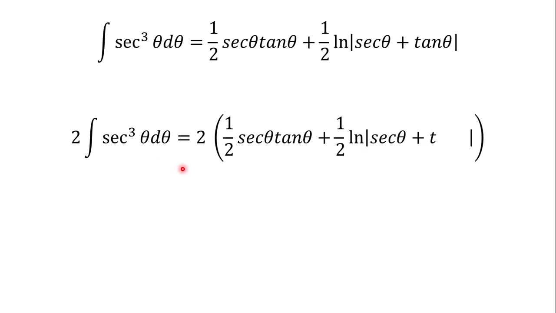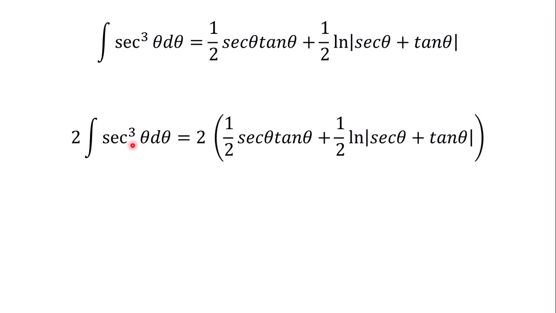Don't get confused, because this reflects what I said earlier, that when we get the answer to this one, we multiply it by 2. So the answer to this one is this, and we're just going to multiply it by 2, and that is what is reflecting here.